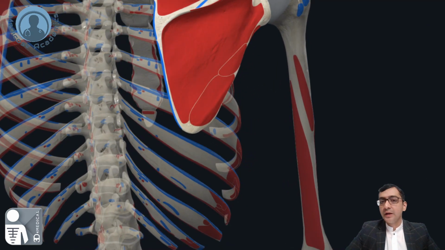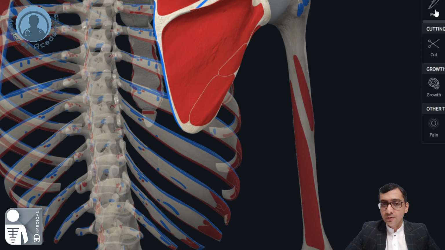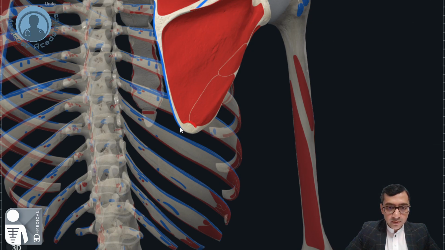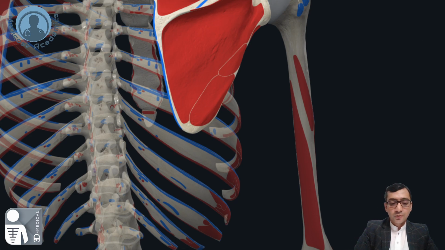This is teres major. Some books also mention latissimus dorsi. It is not shown very well in this particular picture. It is a big muscle that starts from the lower back and goes all the way to insert into the shaft of the humerus, and it has some fibers that may insert into the lower angle of the scapula. Let me show you the latissimus dorsi.